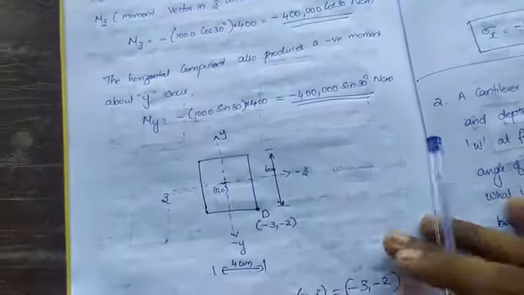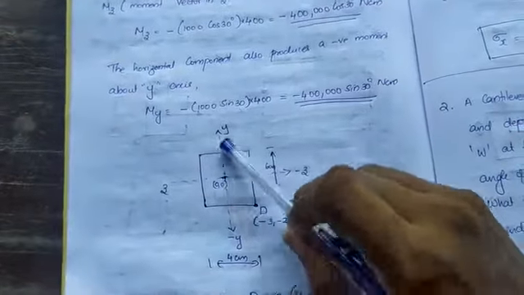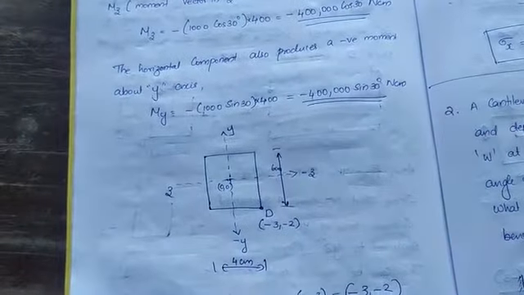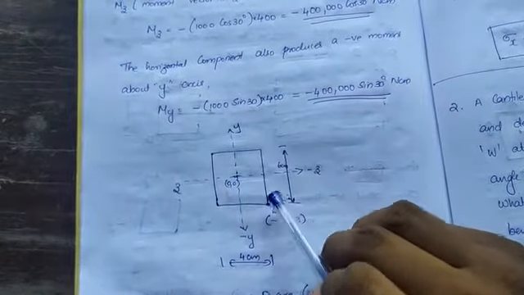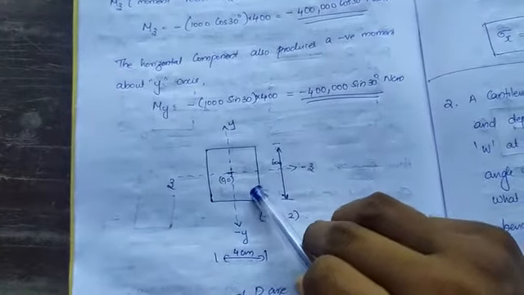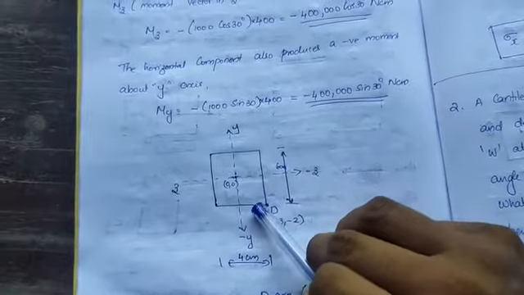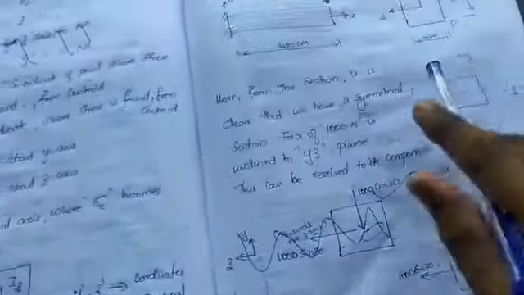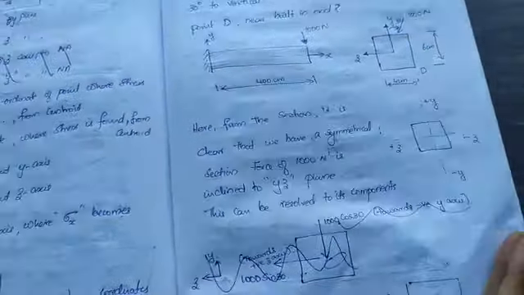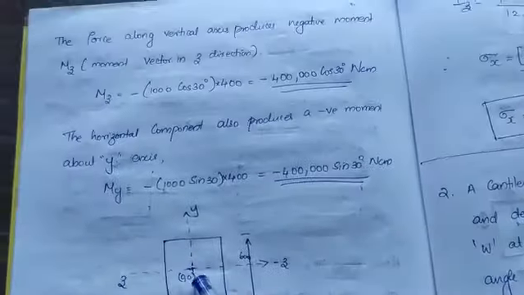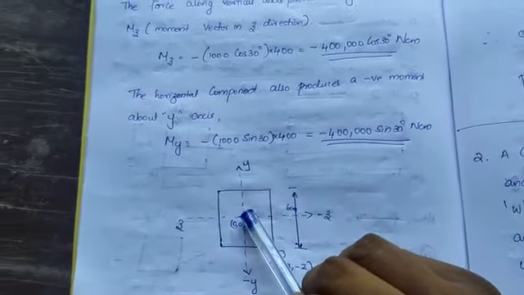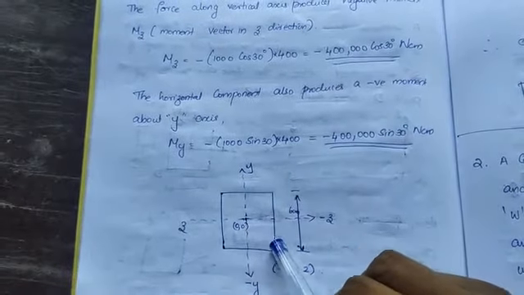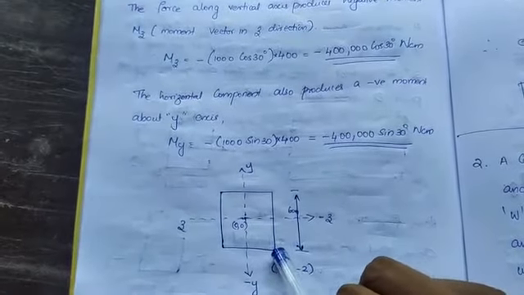Now we have located the centroid of this rectangular section. From this centroid, you need to find the stress at the point D as shown here. This is the point D. If this is the centroid, moving from 0, 0 to this point, what will be its coordinates?